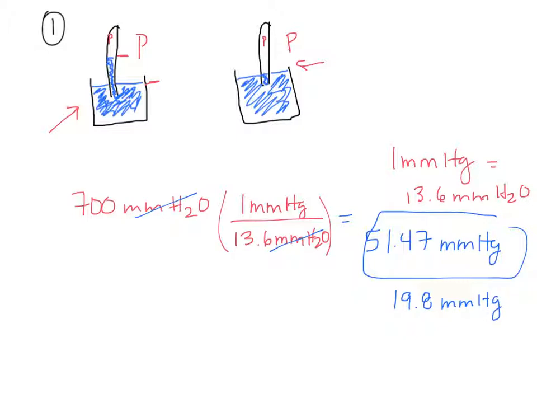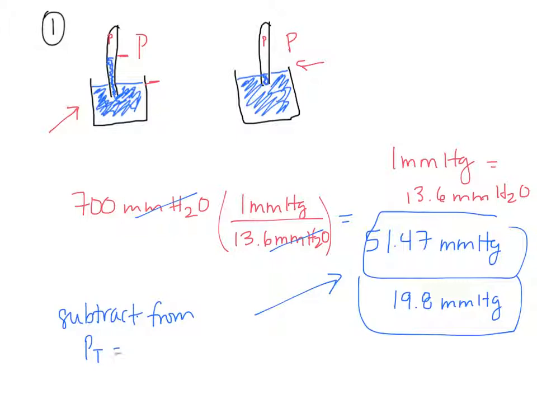Okay, so I know these two numbers I have to subtract from my total pressure. Okay, and your total pressure is going to be the 759.7 millimeters of mercury that we had at that point in time. Okay, so subtract these from your total pressure, which is equal to the room pressure.